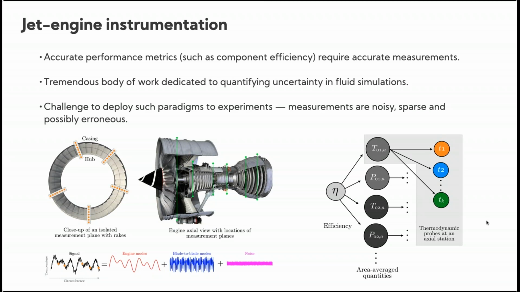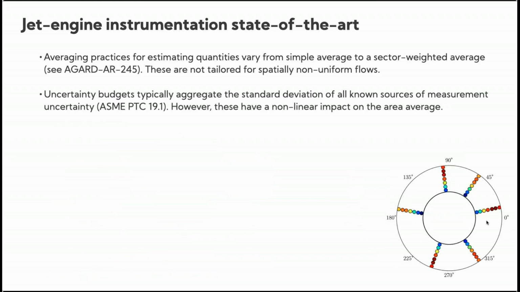Now, in an engine, we don't get mixed out averages or even mass averages. We typically just have area averages. And an assessment of these area averages is made based on the composite sensor values. So across a given measurement plane, we'll have a series of different rakes, and from these rakes, we're trying to infer the average temperature and pressure.